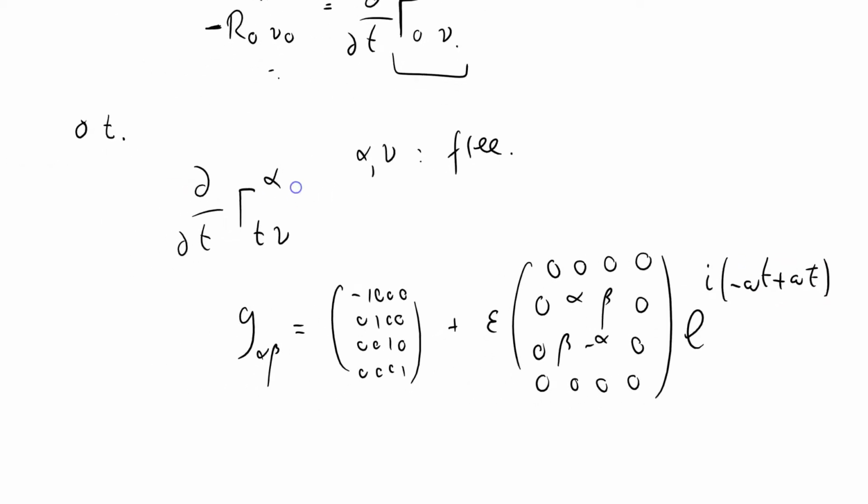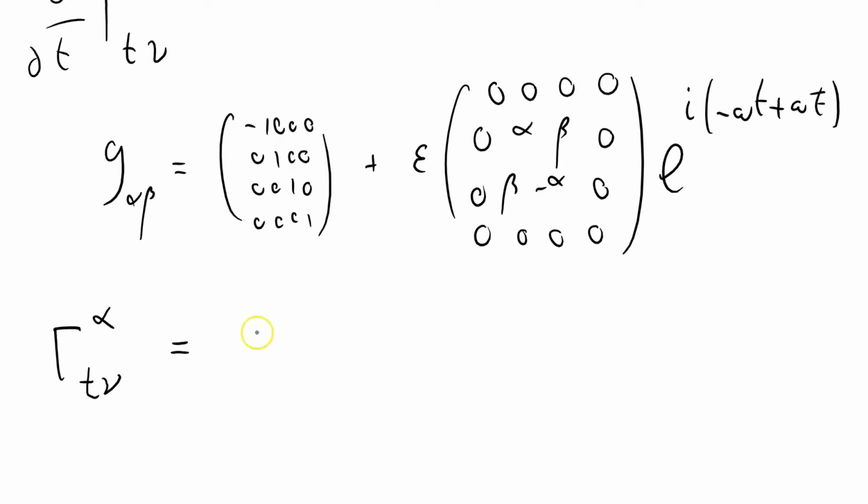So what I'm going to do now is evaluate the Christoffel symbol with a time in one downstairs position, nu there, following that metric. Well, it's a half g. Actually, why don't I just do it in one go?